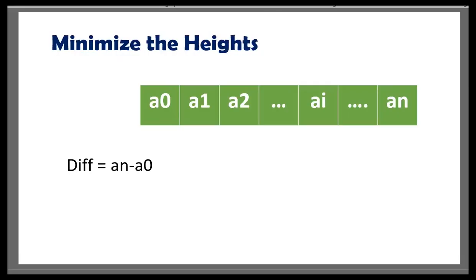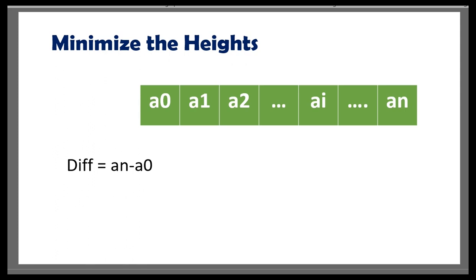So people, let's say this is the given array in which every element represents the height of a tower, and this is a sorted one. We have sorted the array and an is the largest and a0 is the smallest value of the array. So the required difference that we need to minimize is the difference between an and a0.